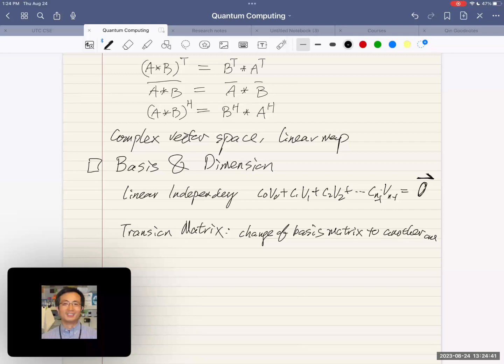Let's see, the book gave an example of a transition matrix of 2, minus 3.